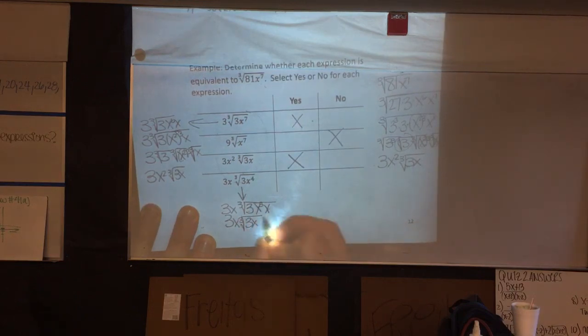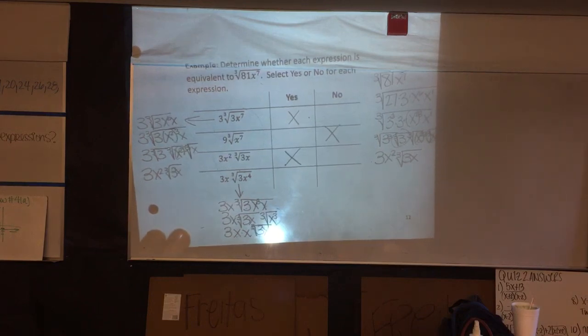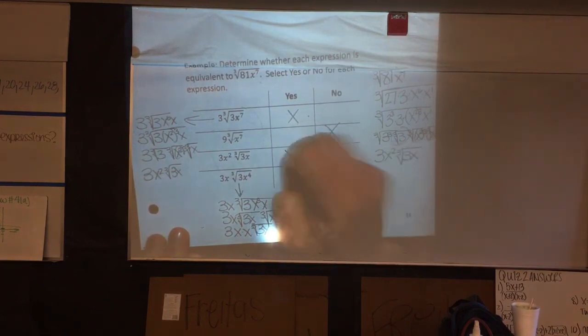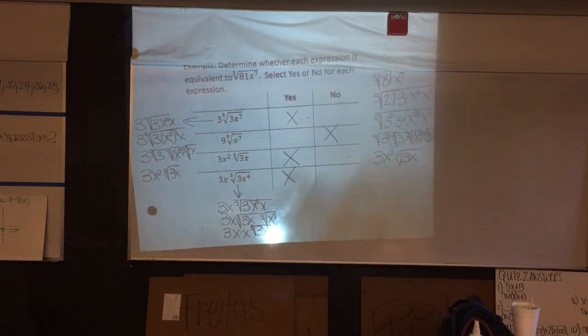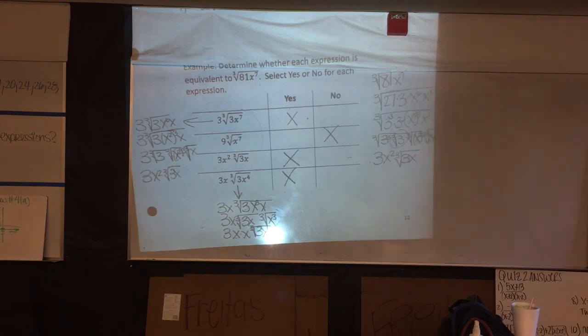But I could cube root the x to the third, and that would give me x. So I'd end up with 3x times x, and then my 3x would be left inside. And then if I multiply my x times x, I would get 3x squared times the cube root of 3x. So this one is a yes, even though they didn't first look like correct answers. When I work them out, I see that they really are correct answers.